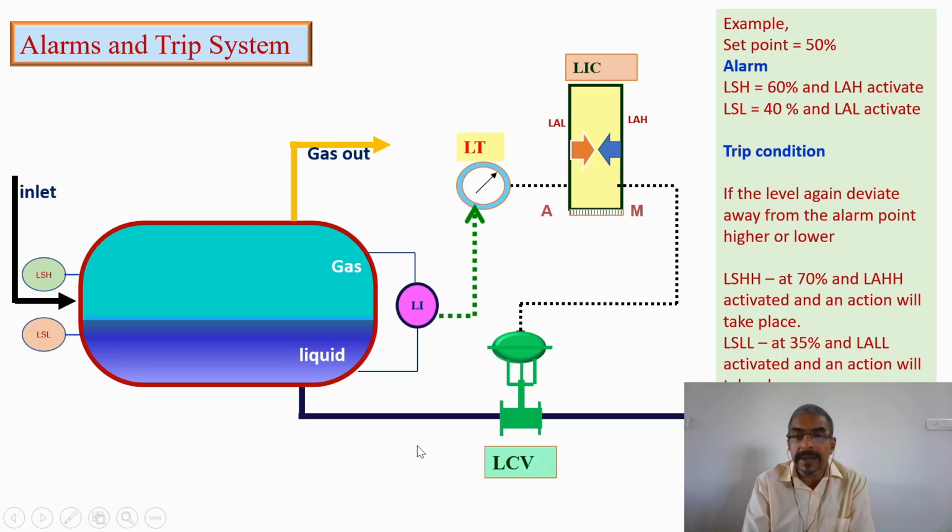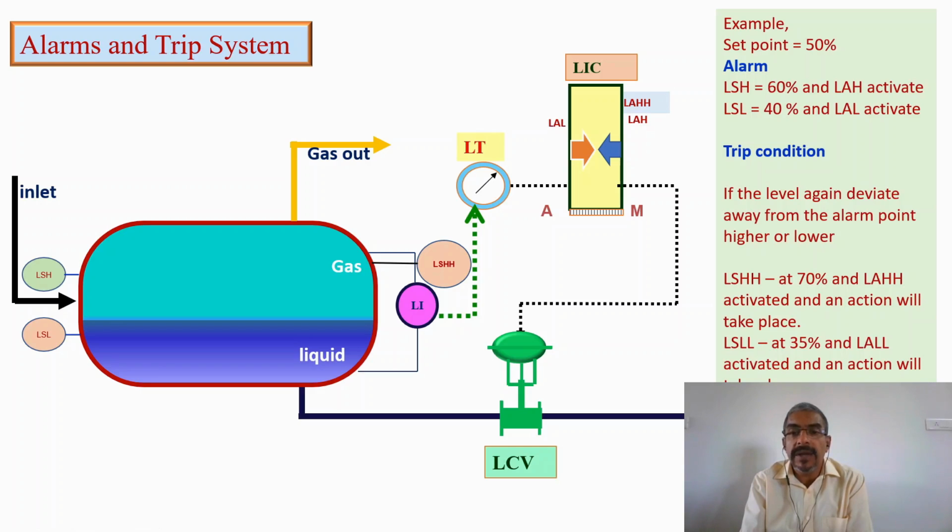So that is 70 percent high. Now what will happen in the picture? Here there is a level switch high, a physical switch connected to the separator. When the level touches the level switch high, it creates a level alarm high.